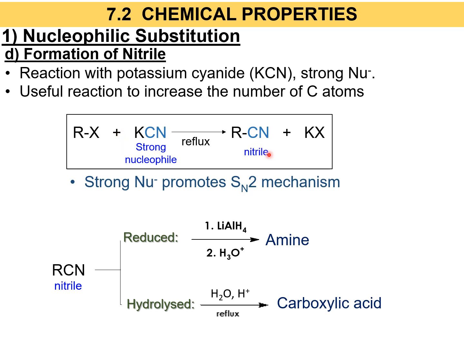Actually, kalau let's say you nak tambah carbon, contohnya you nak buat synthesis of organic compounds kan, daripada tiba-tiba ada 2 carbon, kat belakang tu ada 3 carbon. So you kena undergo nucleophilic substitution, you kena buat nitrile because this is a useful reaction untuk increase the number of carbon atoms. Okay, kalau tak percaya, let's check out the examples nanti.